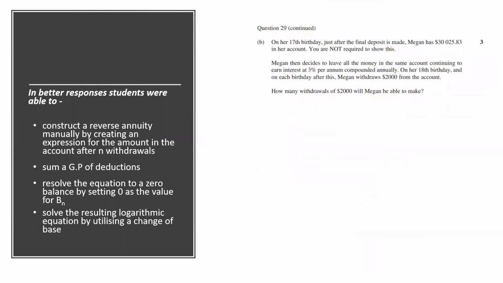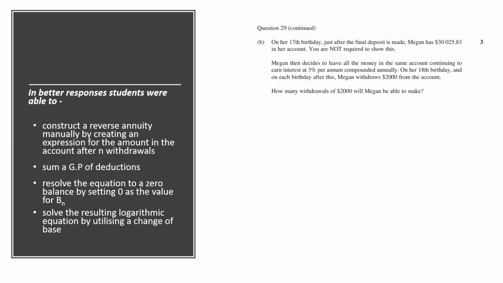Now, the better students were able to construct a reverse annuity because we knew the total amount she had and she was withdrawing money every time frame. So they're able to create the reverse annuity manually by creating an expression for the amount in the account after any withdrawals. So here's the approach we really do want them to start setting up a series. Once they've created their series, they need to make a sum of a GP of the deductions.